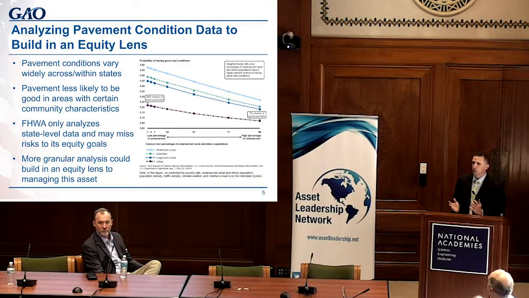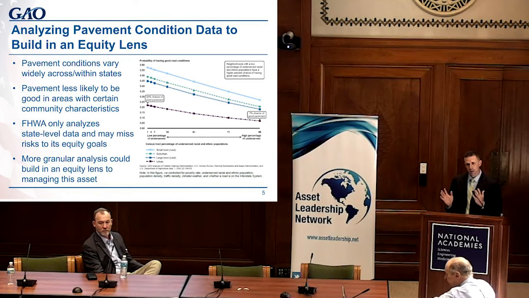So just for context, for those who are not aware, the National Highway System is funded through grants from the Federal Highway Administration to state departments of transportation. The states have a lot of flexibility in determining what projects to fund and where to prioritize those projects, but they do provide data to FHWA on the condition of the pavement in their state, on their road system, based on criteria: poor, good, or fair.